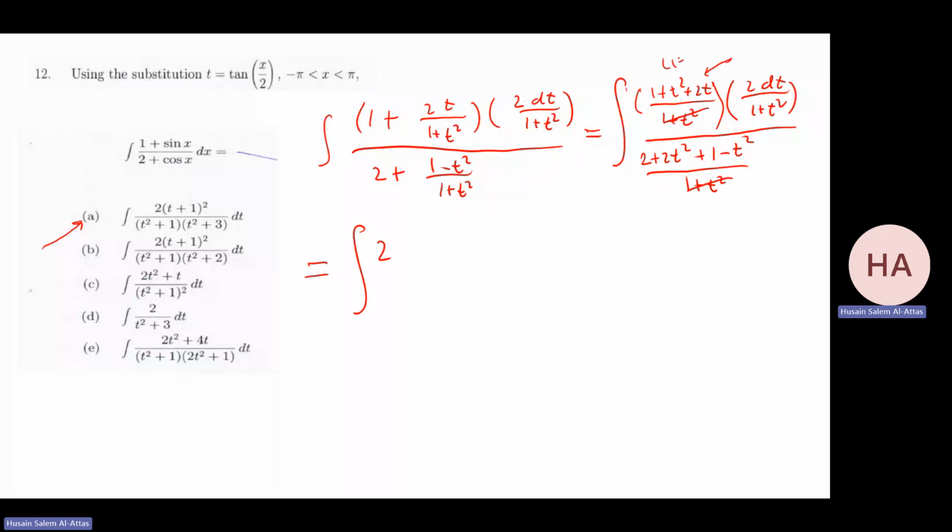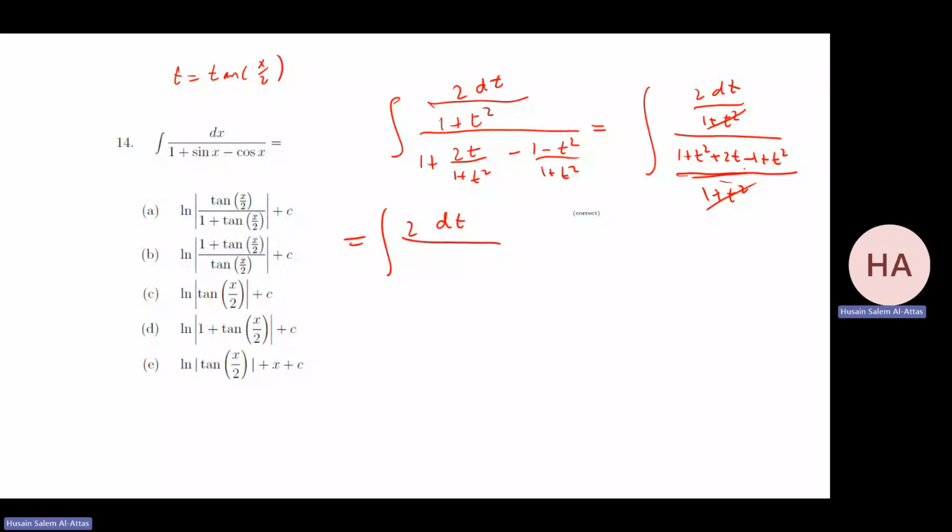This is cancelled, so I take out 2 dt over... We have here, this is also cancelled. I have 2t squared plus 2t, and that gives me dt. This is 2t squared plus t, which is, 2 cancelled. And I can take t common, t times t plus 1.